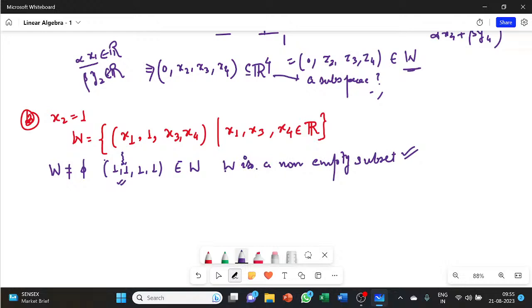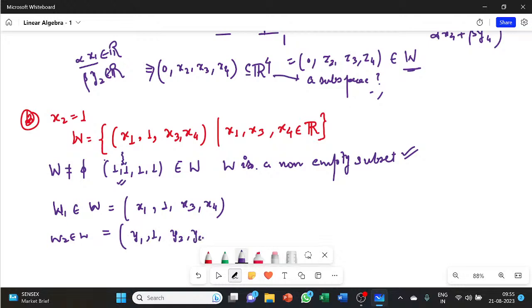Okay, now if w1 belongs to W, it would be in this fashion: (x1, 1, x3, x4). And if w2 belongs to W, let us say it is equal to (y1, 1, y3, y4).